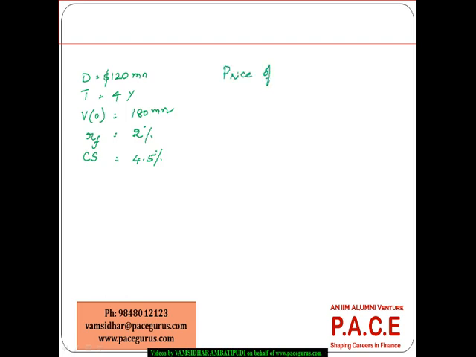Now from here, I can find out the price of the bond, right? If I want to know the price of the bond on a risk-free basis, or probably the price of the bond without the option, I can find out the typical price of the bond as 120, which has to be paid at the end of 4 years, to the power e power RT.